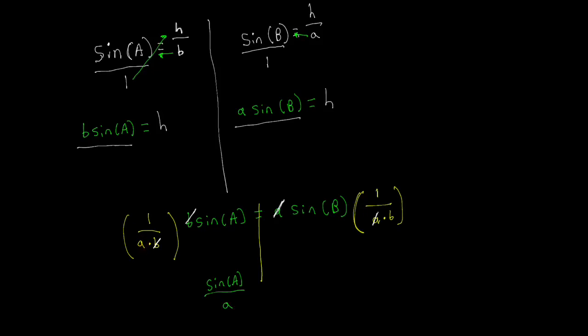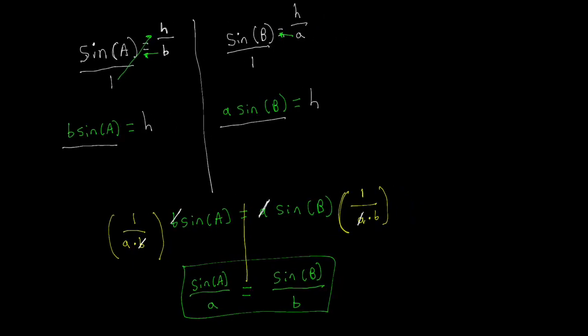So sine of a over little a is going to equal sine of b times 1, which is just sine of b, and in the denominator all we have left is little b. So here we are done. Sine of a over a is equal to sine of b over little b. And that is the law of sines.